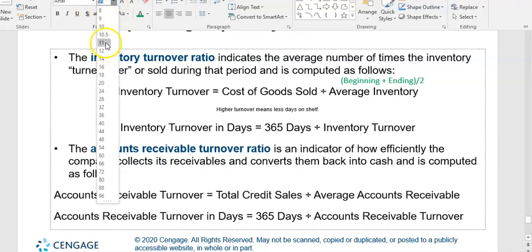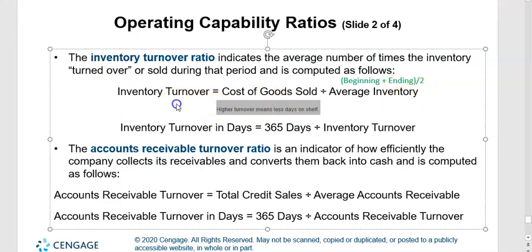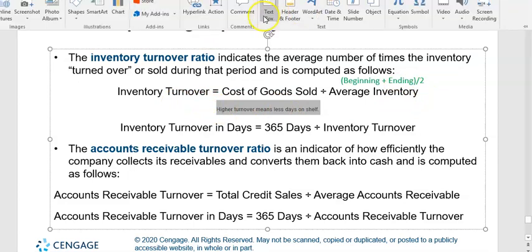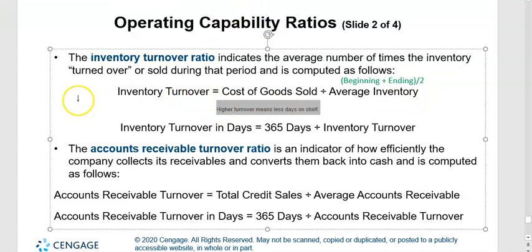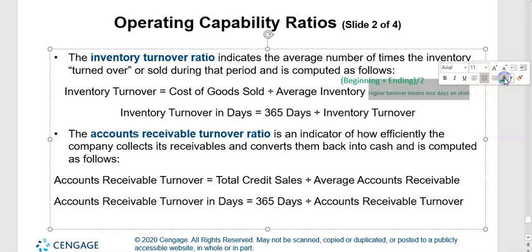Let me make this a lot smaller. Sorry, I'm taking up too much time doing this kind of stuff.